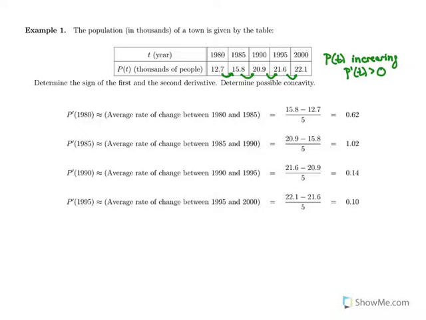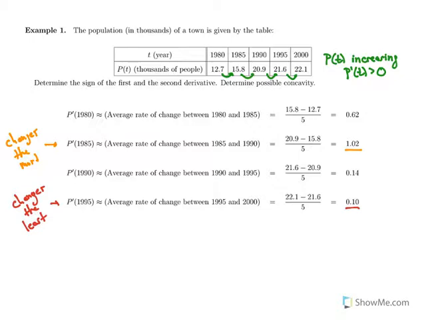The magnitude of the derivative is telling us how much it's changing. So it changes the most around 1985 because the 1.02 is the biggest value that I found. And it changes the least in 1980 or 1995, because I have the smallest value that I found for the derivative.